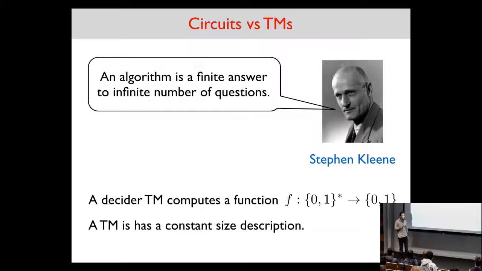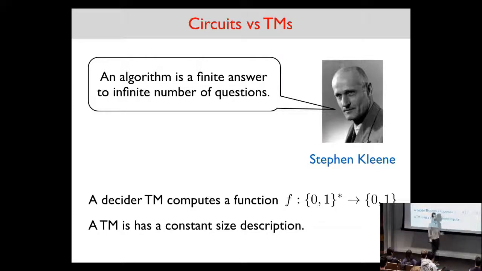Why did he say that? Because if you have a Turing machine that computes a function, let's say f from {0,1}* to {0,1}, this is the computational problem. It's an infinite number of questions. For each string, you're asking, is it in the language or not? And your Turing machine is able to answer all those infinitely many questions, whatever you ask.